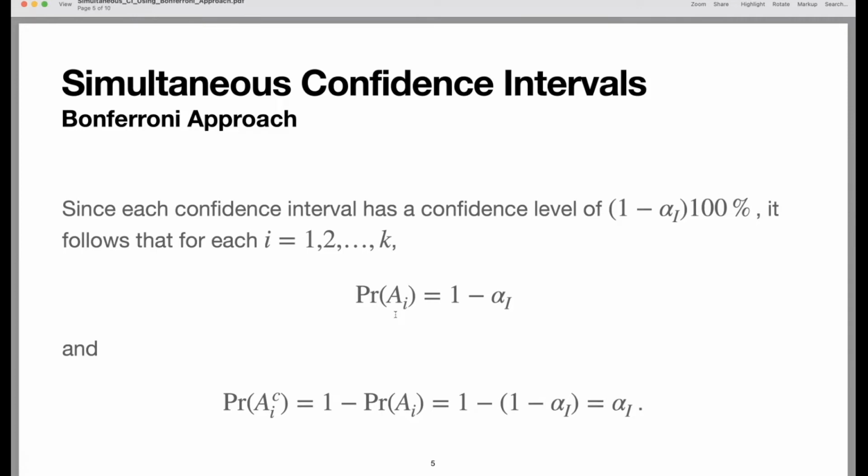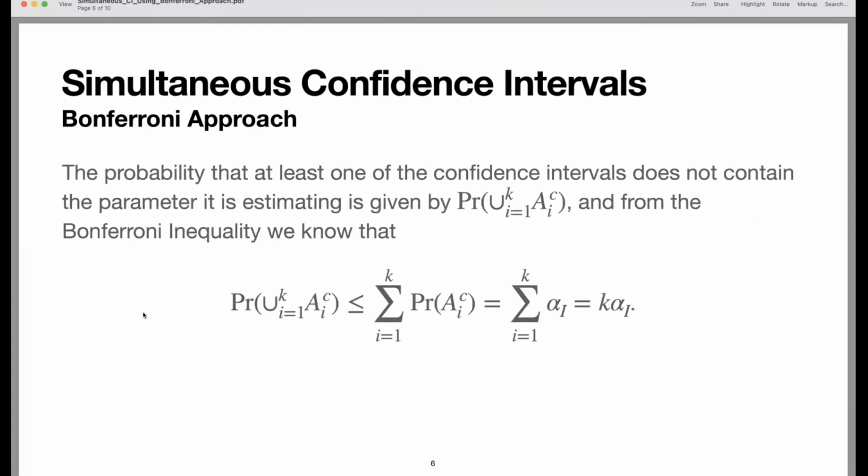And then by the complement rule, the probability of A sub I complement is equal to 1 minus the probability of A sub I, which is 1 minus that quantity. And so the probability that the ith interval does not contain its parameter is alpha sub I.